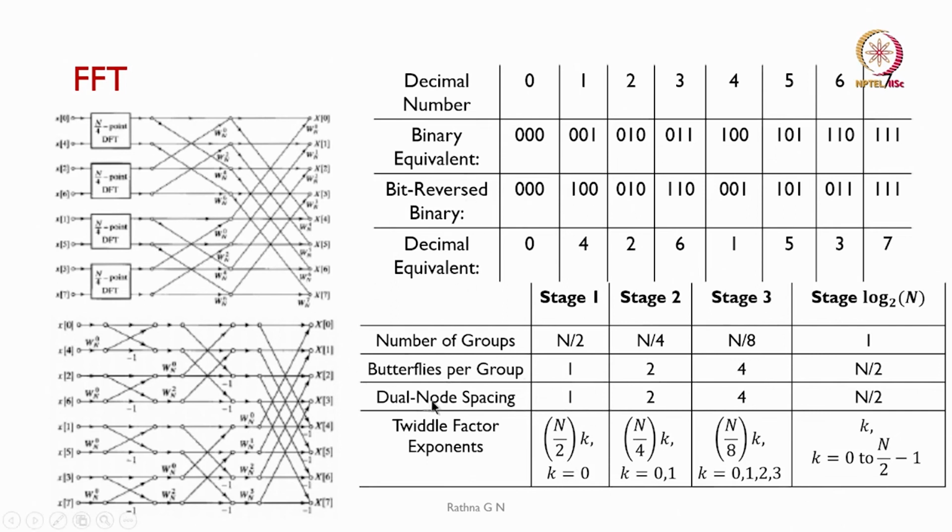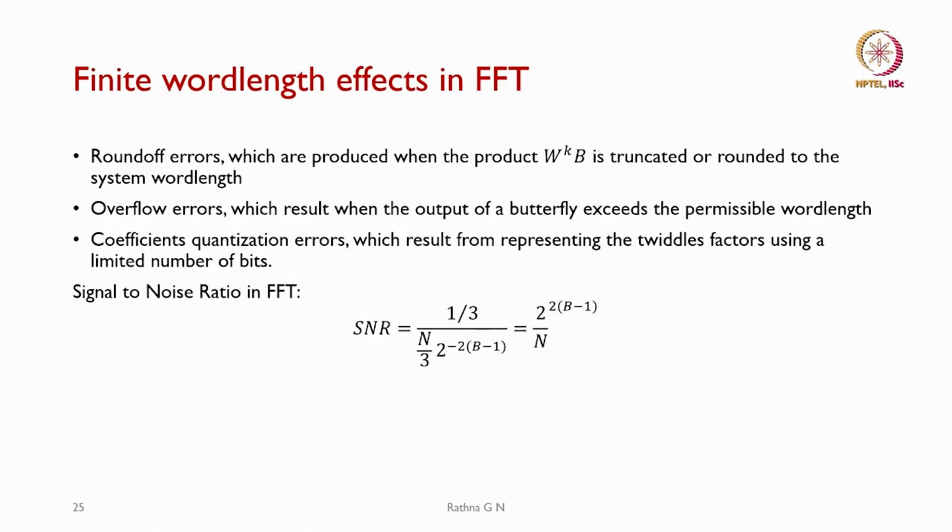Then we went on to show how many butterflies or groups and how many twiddle factors are required at each stage, because we have log 2 n stages, and what the twiddle factors present in each stage are. We also discussed finite word length effects in FFT.